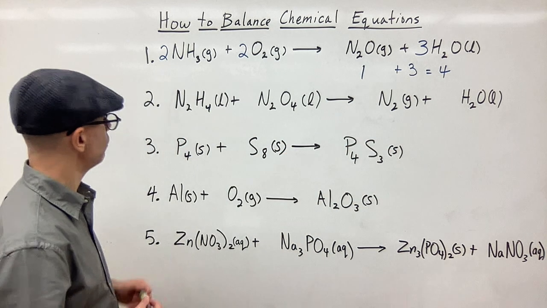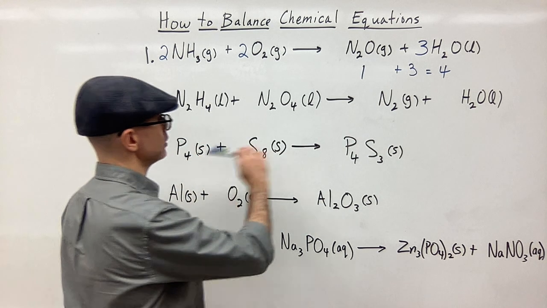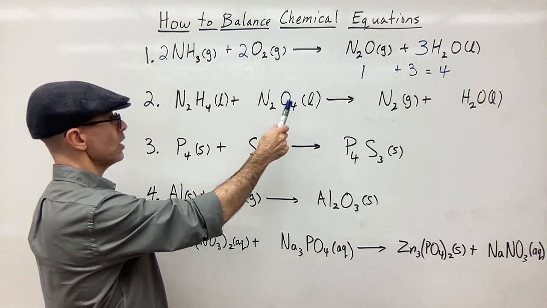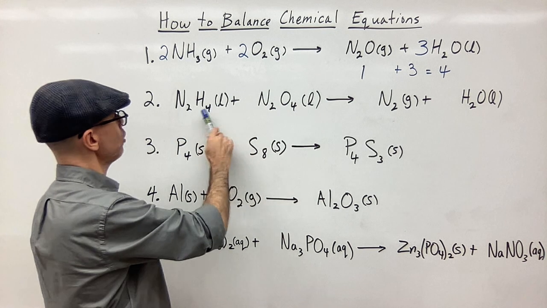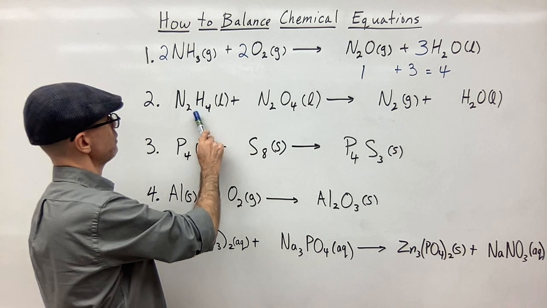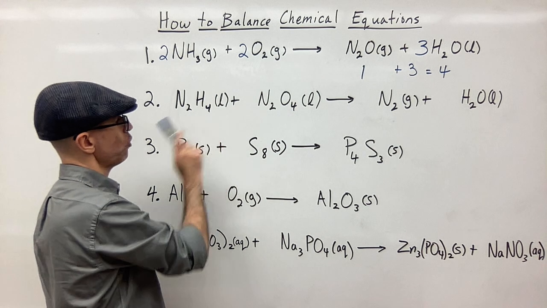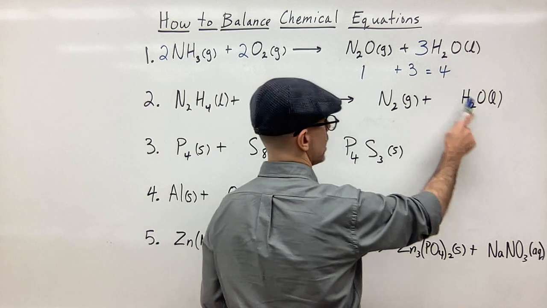Okay, so I'm going to balance oxygen first. So in this case, I can balance either one, it doesn't matter. So let's say hydrogen. So if I balance hydrogen, I have 4 here. 1 times 4 is 4, so I have 4 hydrogens. Over here, I have 1 times 2.